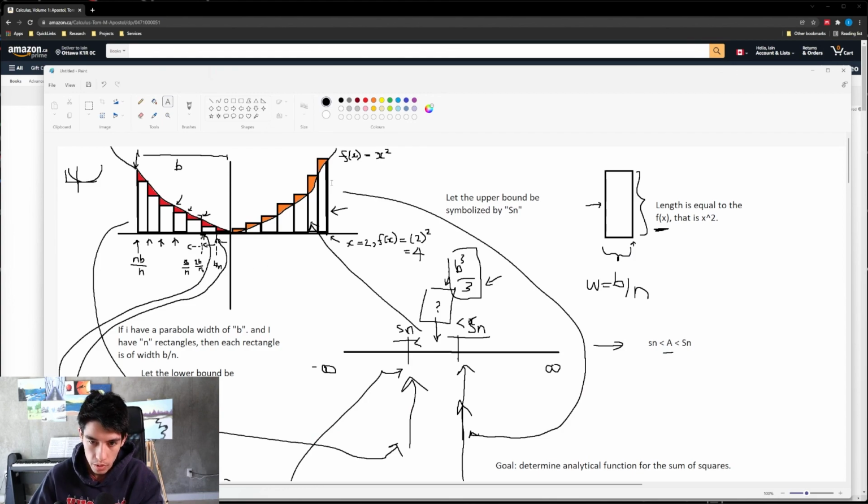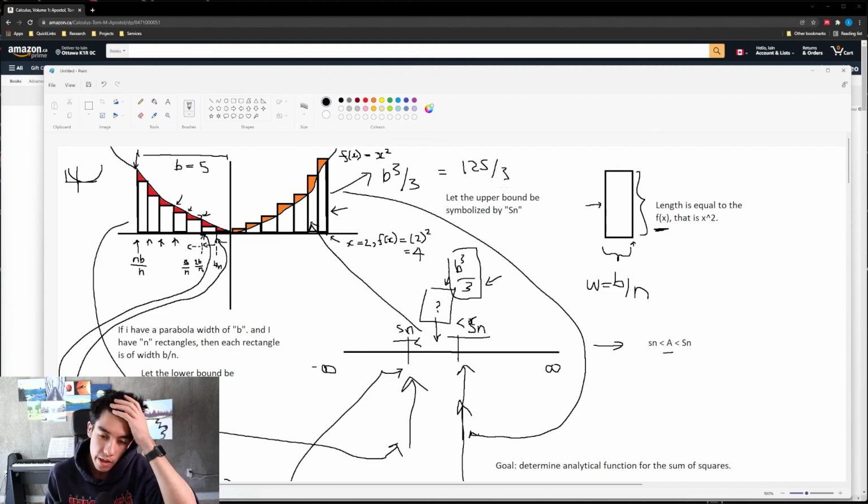So this right here, the area underneath the segment is always b cubed over 3, whatever you define b as. This could be 5, for example, and this could be 125 over 3.